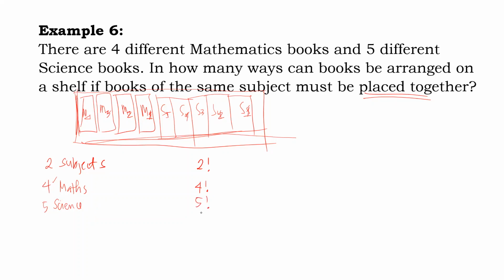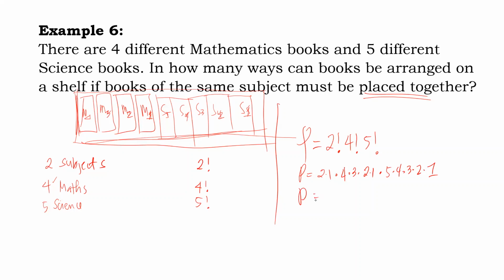Now, ilan lahat? For this kind of problem, the permutation is equal to permutation of the 2 subjects, times permutation of the number of books, yung math book, times kung ilang science, factorial. So this is equal to 2 factorial is 2 times 1, 4 factorial is 4 times 3 times 2 times 1, 5 factorial is 5 times 4 times 3 times 2 times 1.